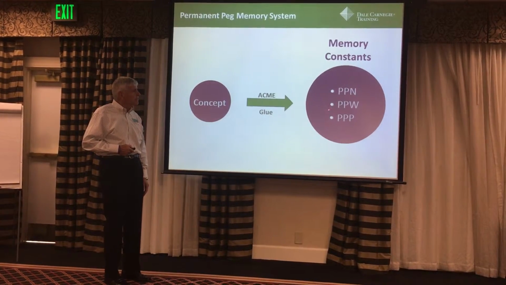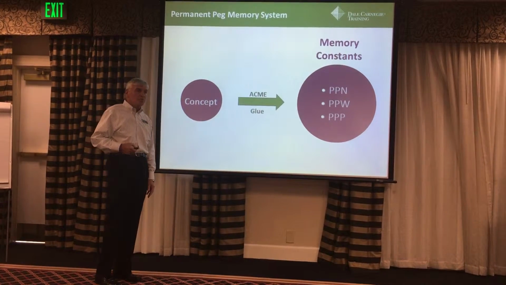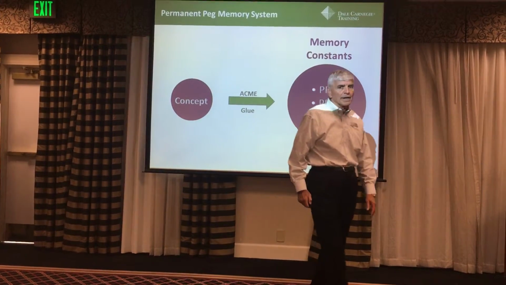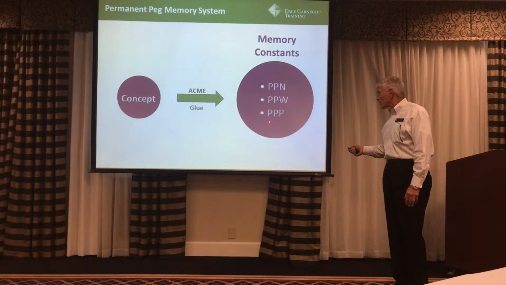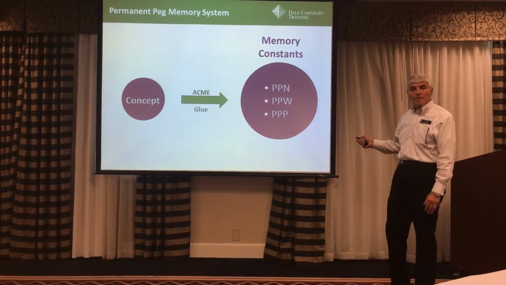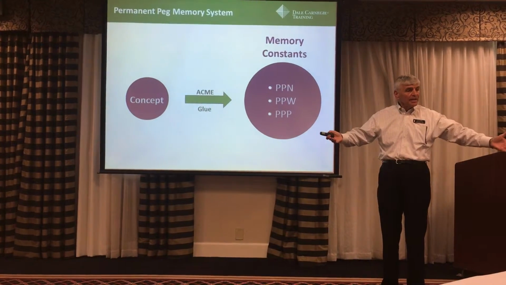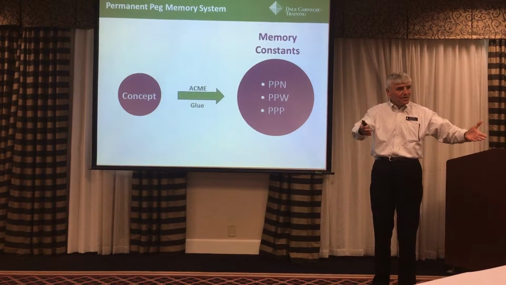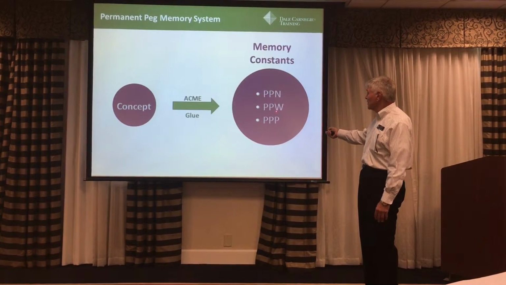The permanent peg word will always be the same: 1 run, 2 zoo, 3 tree, 4 door, 5 hive, 6 sticks, 7 heaven, 8 gate, 9 wine. I say 1, you say run. It's always the same.